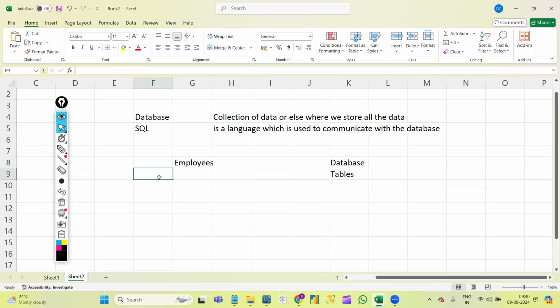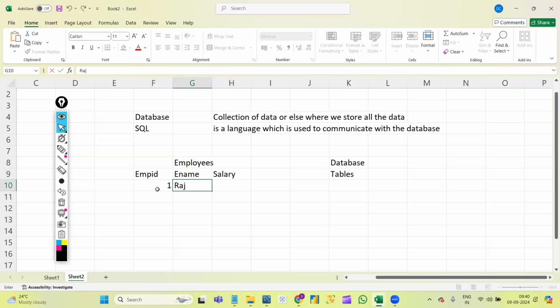I have some columns in my employees table, maybe employee ID, employee name, salary. Okay, let's talk about three columns here. Suppose I am storing employee details in these three columns, employee ID, employee name, and salary, and I'm inserting some data here. Maybe 1, maybe Raj, randomly I'm giving some names and some data here.